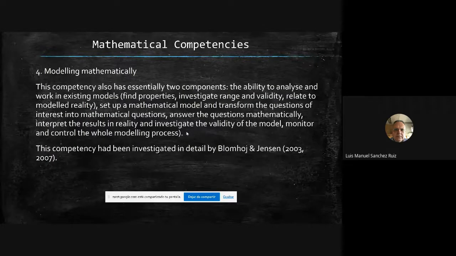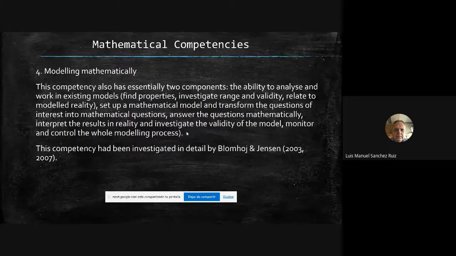Modeling mathematically, that is something that we all deal with quite a lot when posing some applied problem. And this competency also has essentially 2 components: the ability to analyze and work in existing models, find properties, investigate range of validity related to model reality, set up a mathematical model and transform the questions of interest into mathematical questions, answer the questions mathematically, interpret the results in reality, and investigate the validity of the model, monitor and control the whole modeling process.